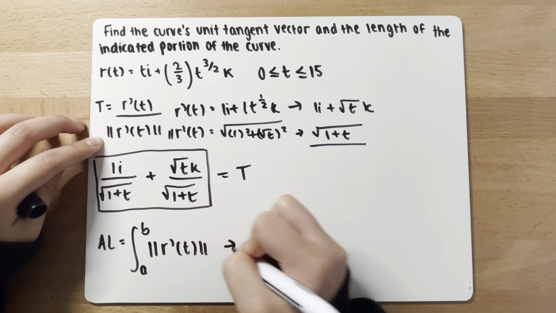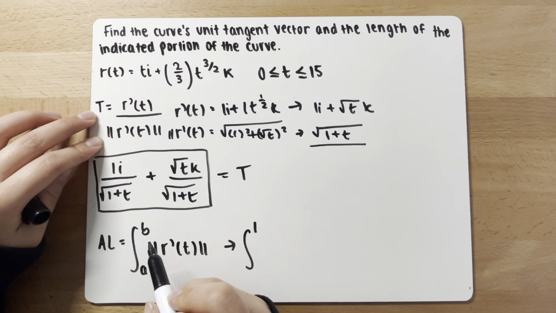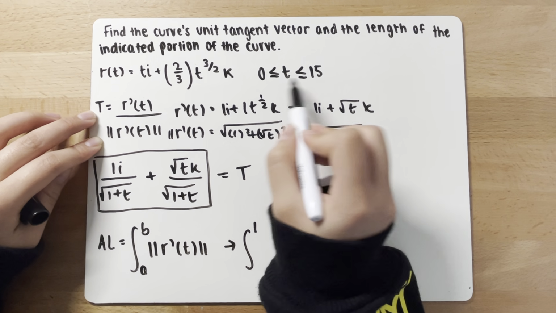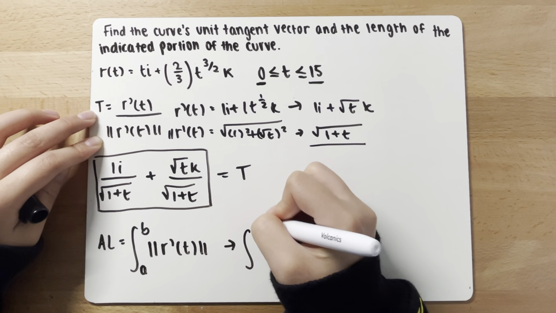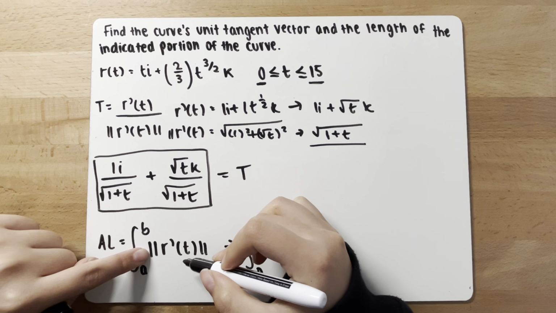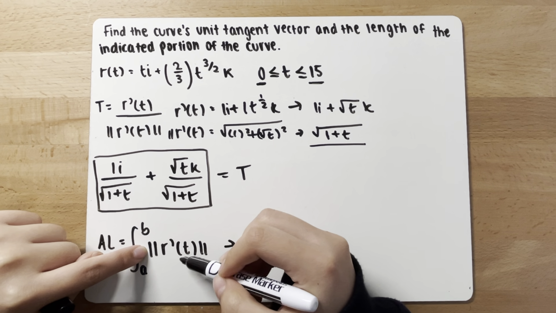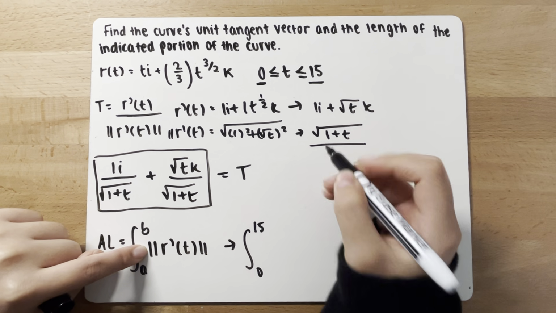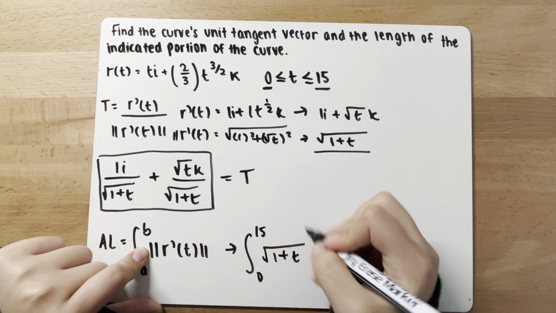All you need to do now is plug it into this integral, and recall that the portion is here. So this would be the b value, this would be the a value. So b is 15, a is 0, and the magnitude of the velocity, which is r prime t, is square root of 1 plus t, dt.